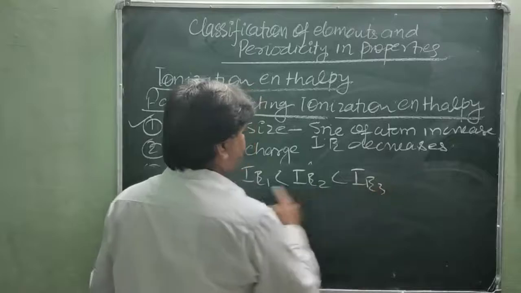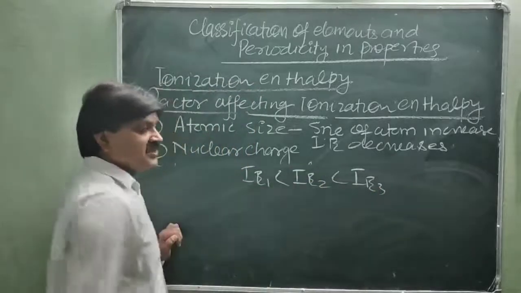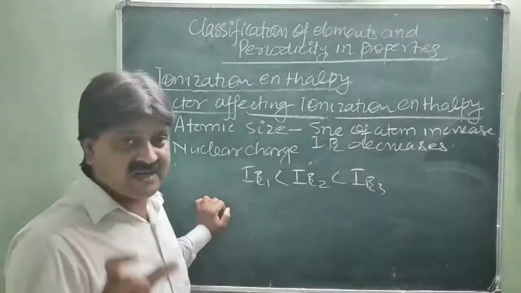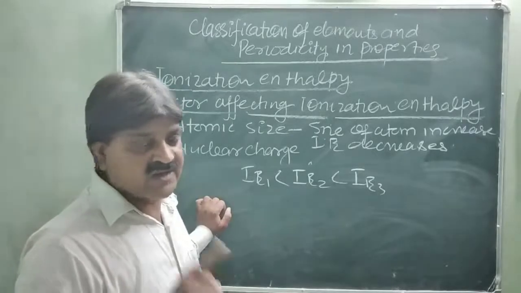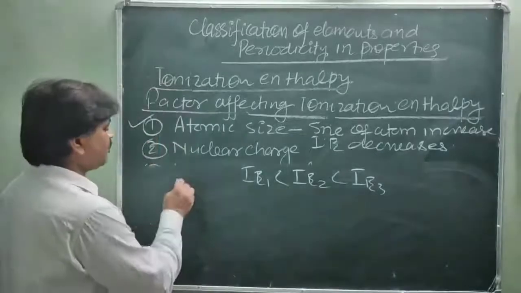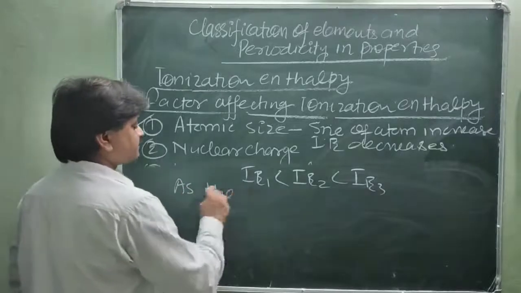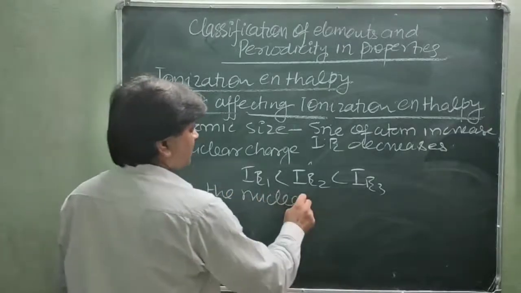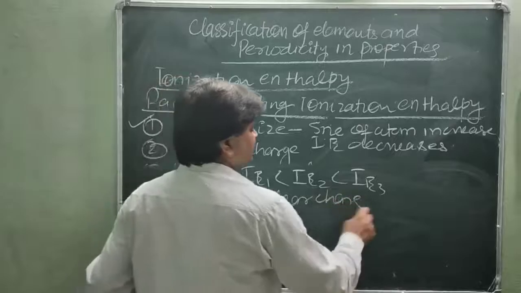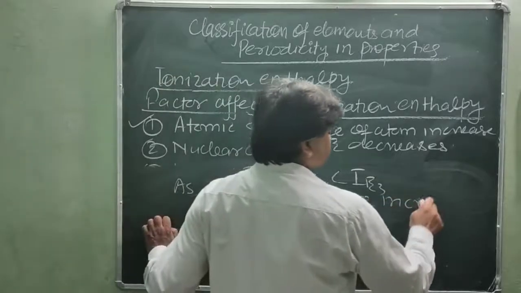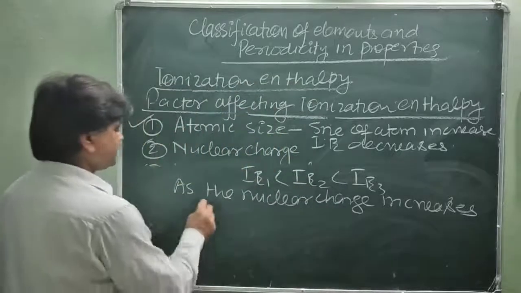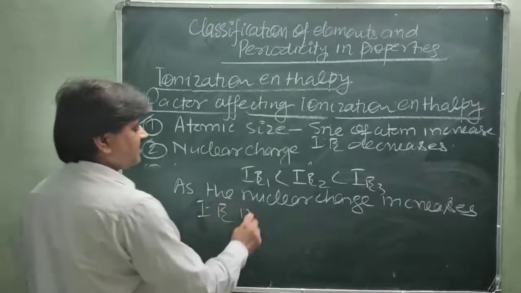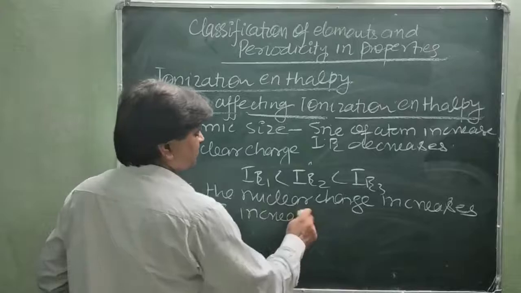It means as the number of electrons decreases, nuclear charge increases, force of attraction increases, and more energy is required to pull the electron. So as the nuclear charge increases, ionisation enthalpy increases. So this is the factor.